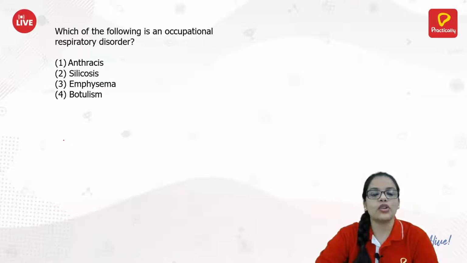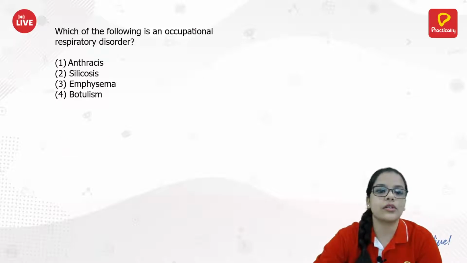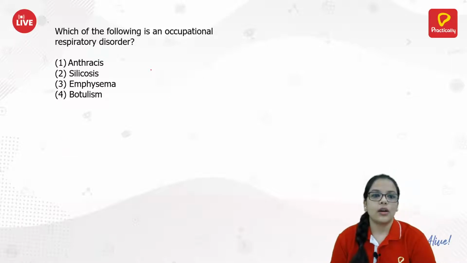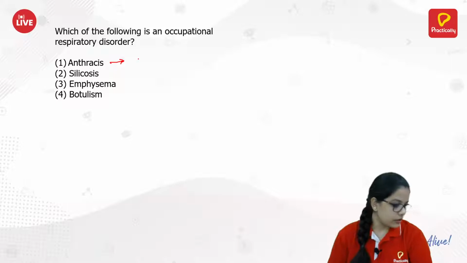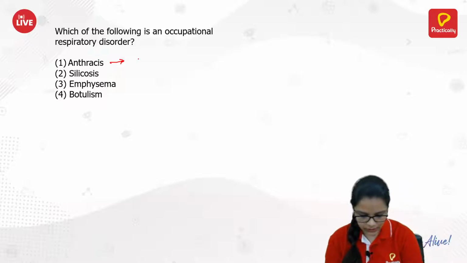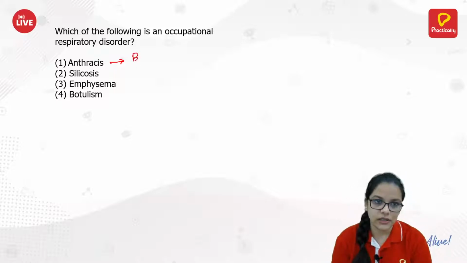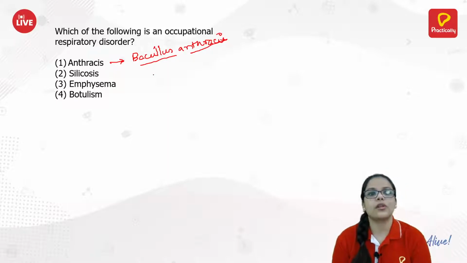Which of the following is an occupational respiratory disorder? Let's see. Anthracis is not occupational. It is caused by the bacteria Bacillus anthracis. It is a respiratory condition, but it is not occupational.